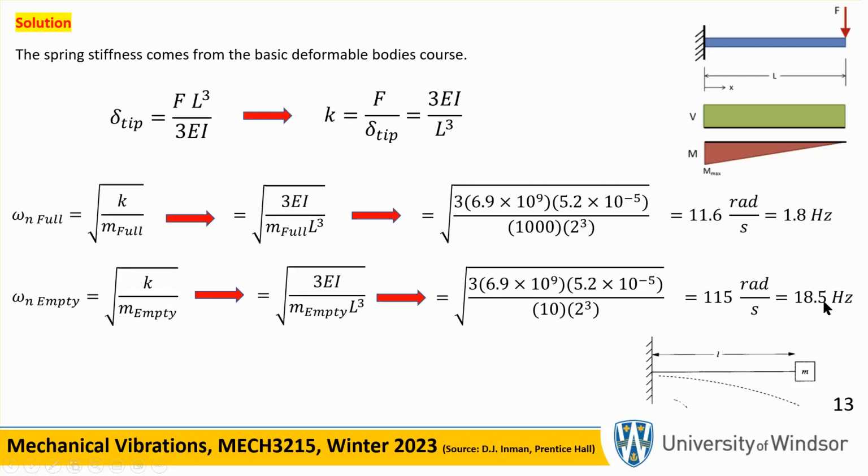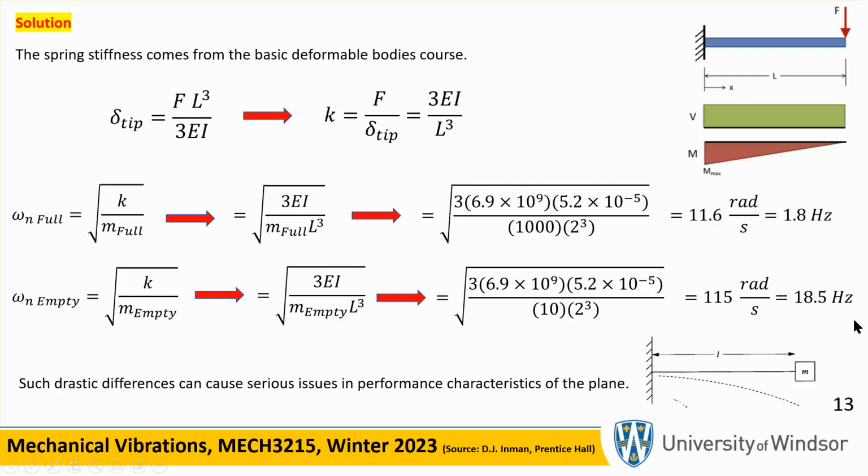So it's a significant change, a tenfold change. And these significant changes can actually affect the performance characteristics of the aircraft. So pilots fly accordingly. That's why training is important, obviously. This dramatic change can make big changes in performance.